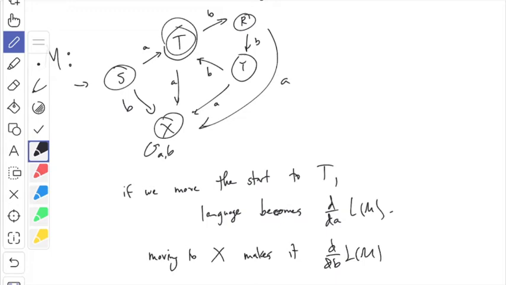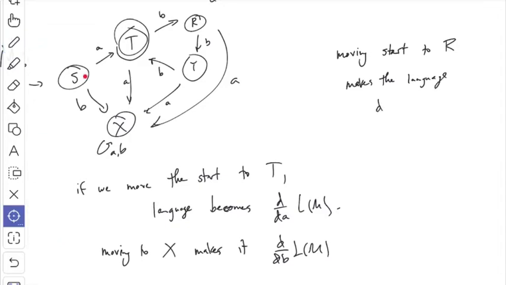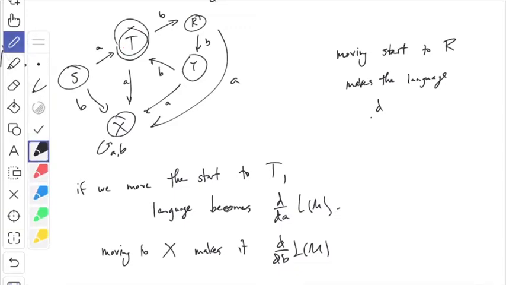What about if I move the starting state to R? To get to R, you go through A and then B. So this makes the language the derivative of AB.